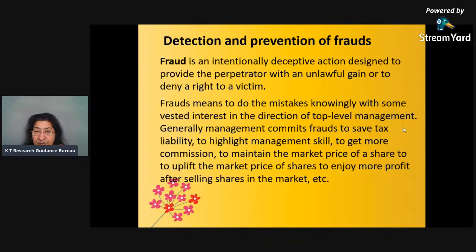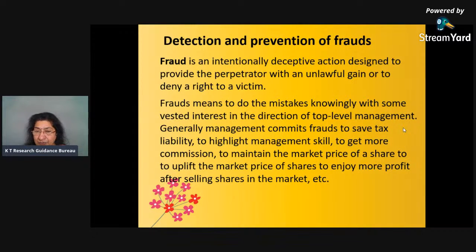Means if the company is listed in the market, then obviously they can buy and sell these shares in the market. And suppose the management has more than 70% of the shares and they want to sell these shares, then unnecessarily they will do something wrong so that the market price of the share will increase and they can sell their shares.